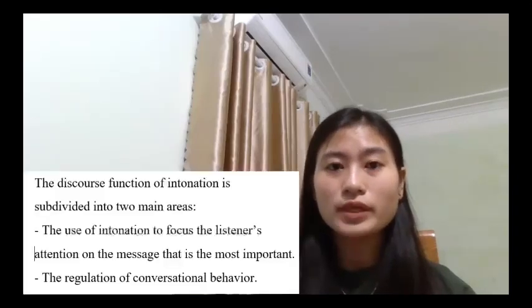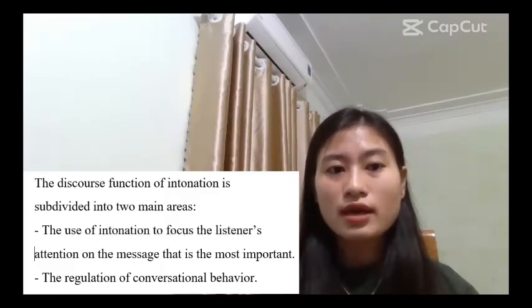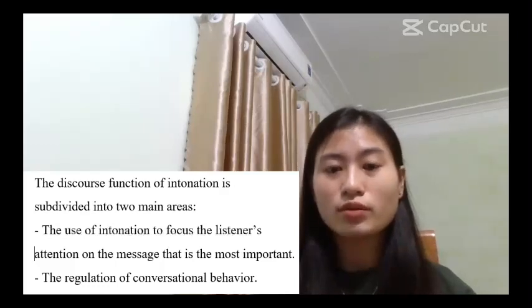And the discourse function of intonation is subdivided into two main areas: the use of intonation to focus the listener's attention on the message that is the most important, and the regulation of conversational behavior.